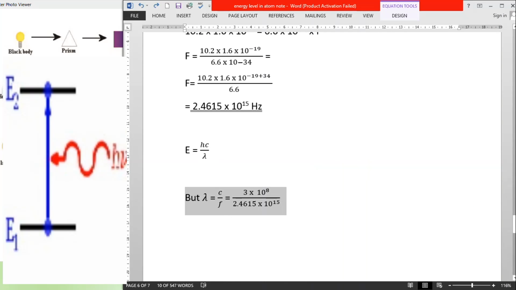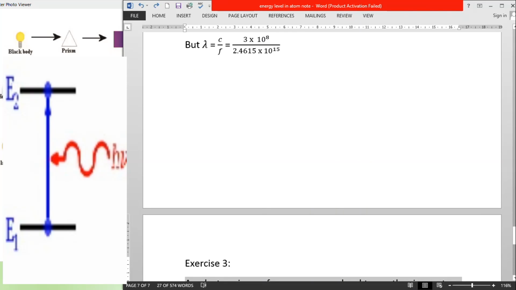If we calculate using frequency, wavelength is equal to speed of light divided by frequency, which is going to give us 3 times 10 raised to power 8 divided by 2.4615 times 10 raised to power 15. I hope you heard that.